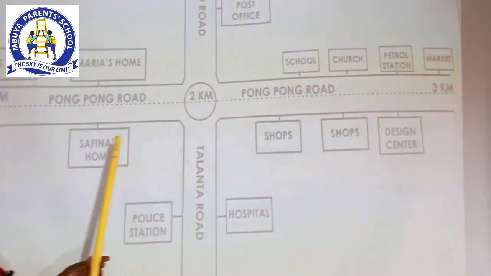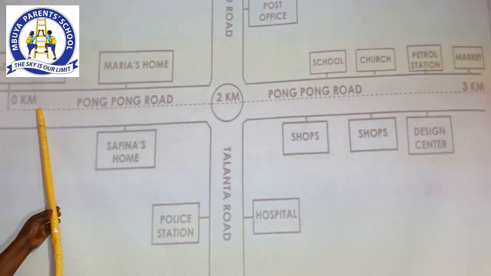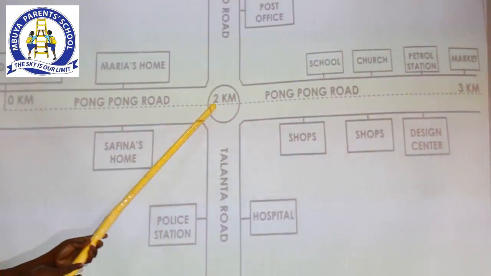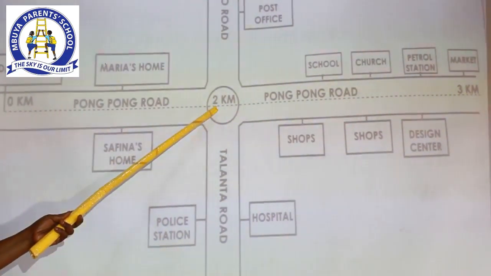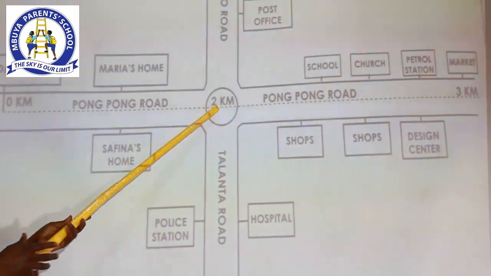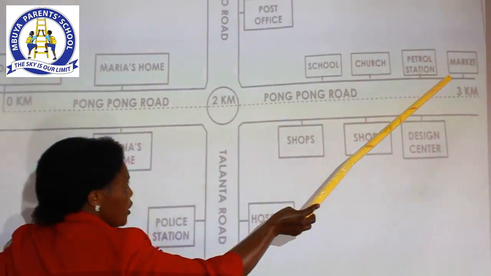So let's first see. From here, this person moved like this, reached somewhere here in the roundabout. This is 2 kilometers. This person hasn't reached the market yet. He continued and reached here.